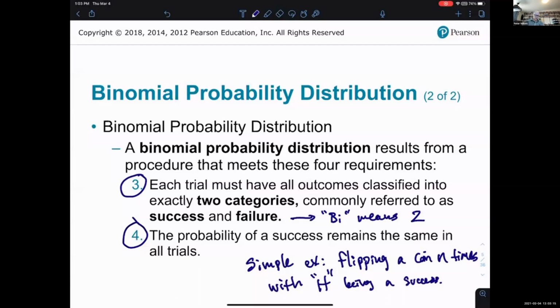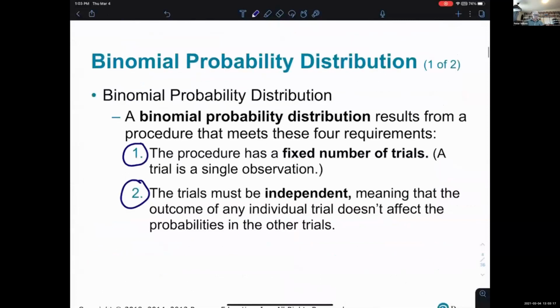So again, to be a binomial probability distribution, 1, you have a procedure that happens a fixed number of trials, like flipping a coin 10 times. And 2, the outcomes must be independent.